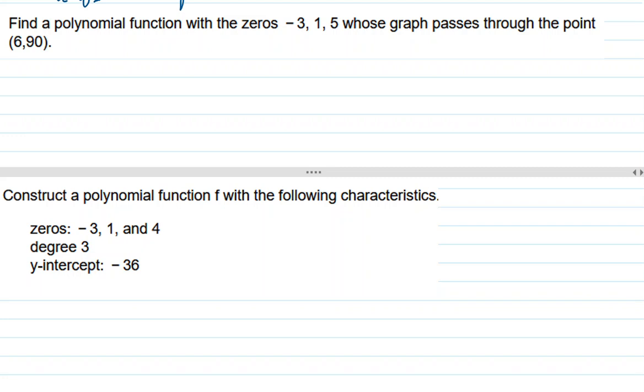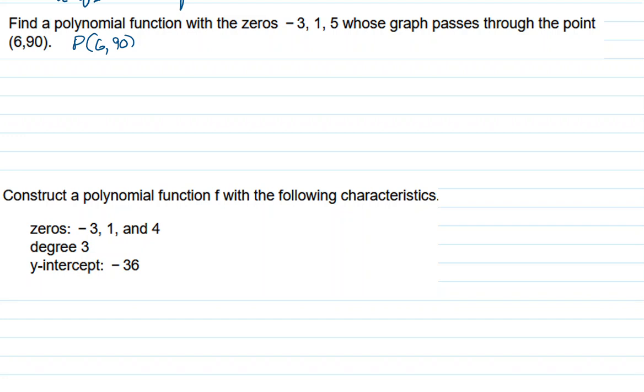Find a polynomial function with the zeros -3, 1, and 5, whose graph passes through the point 6, 90. All right, 6 and 90. So here is my point of 6, 90, which is my x and y. So we probably have an interesting scenario here.